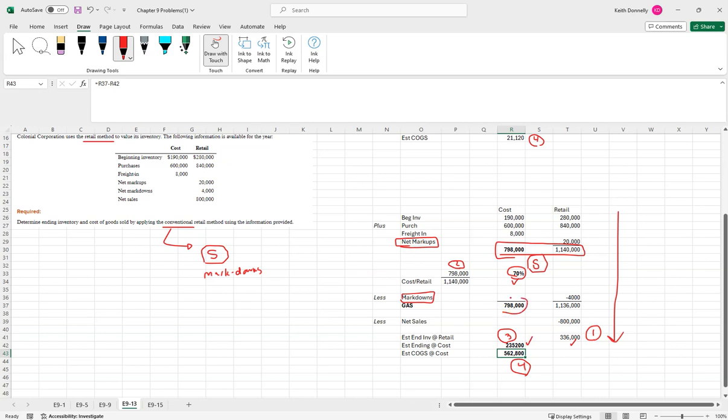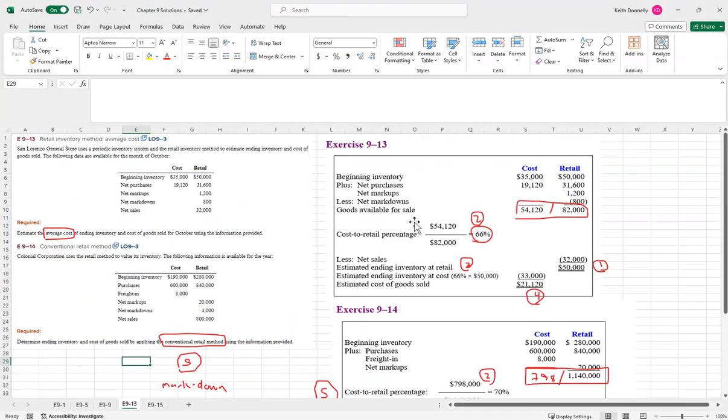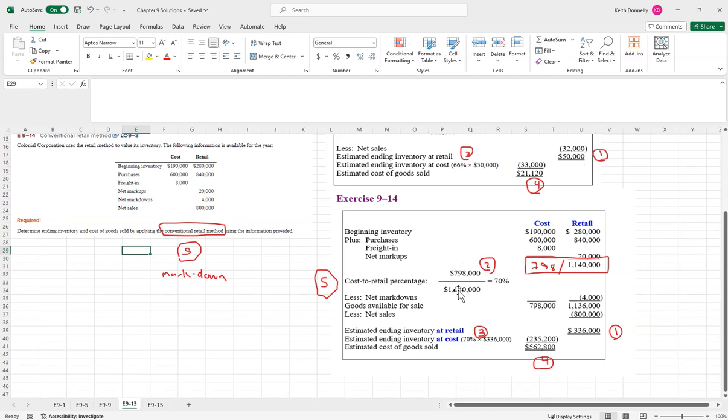Then we take the 798 minus the 235, that gives us the 562. So here's the answer key for the first problem. If you want to pause it, that's how we did the first problem. If you're looking at that math, here's the answer key for the second problem. If you want to look at that, if you want to pause it, okay?